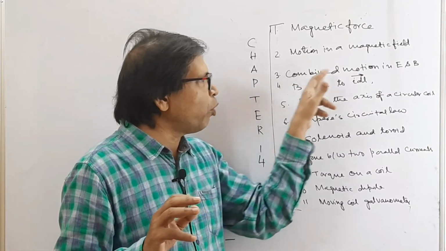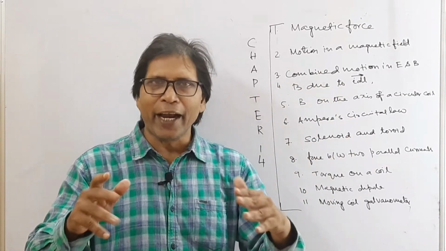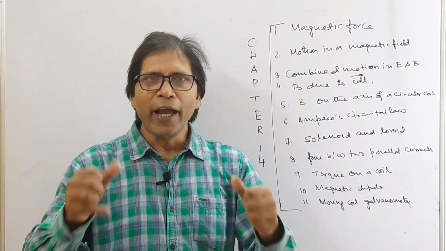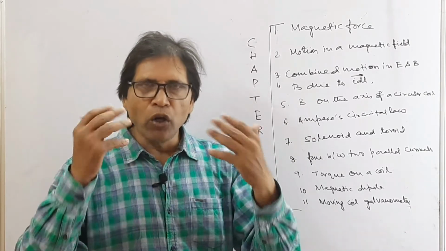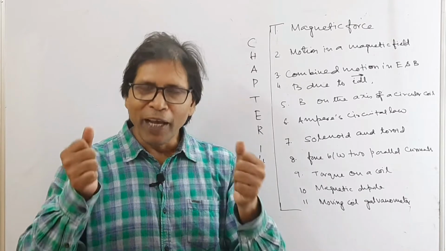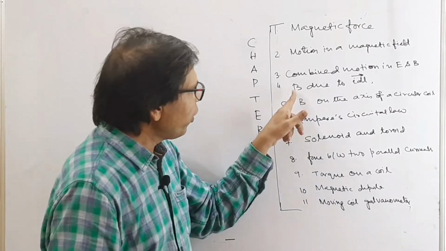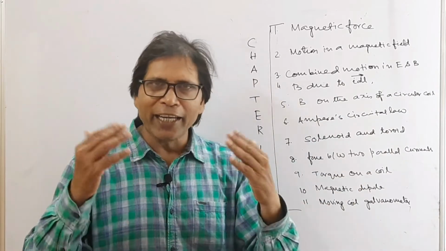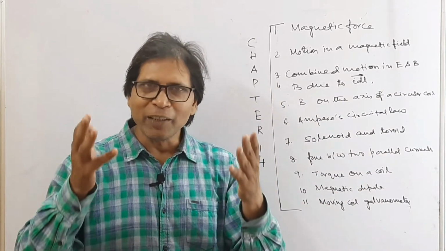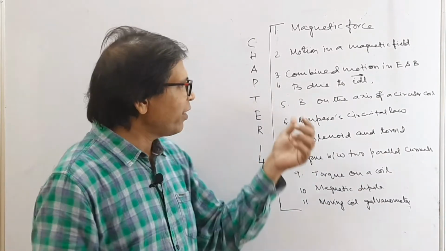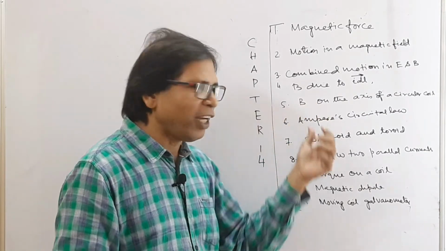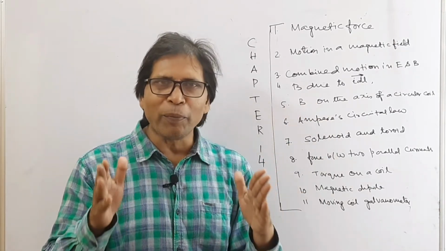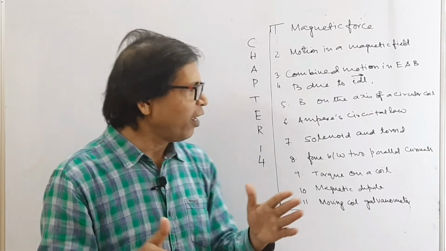Then combined motion in electric and magnetic field, and I will also discuss the velocity selector, the magnetic field due to current element idea vector, that is Biot-Savart's law. Then magnetic field on the axis of a circular coil.